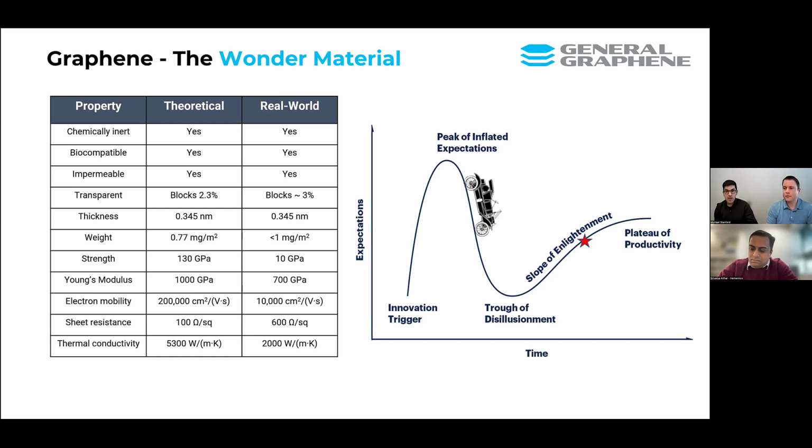But thankfully, over the last few years, I think the whole field has bounced back collectively, and we can now say that we are on the slope of enlightenment and heading closer to a plateau of productivity as an industry.